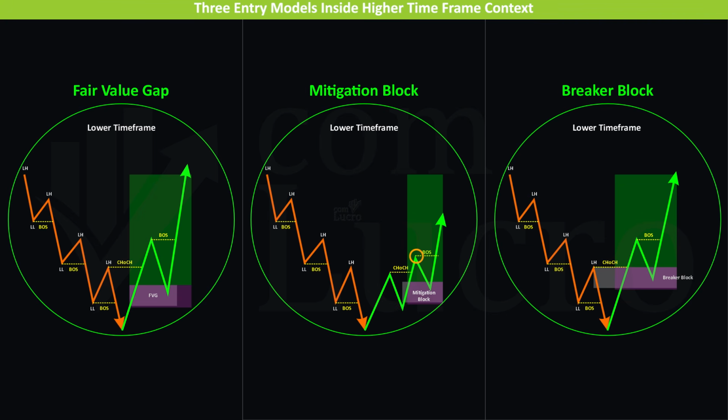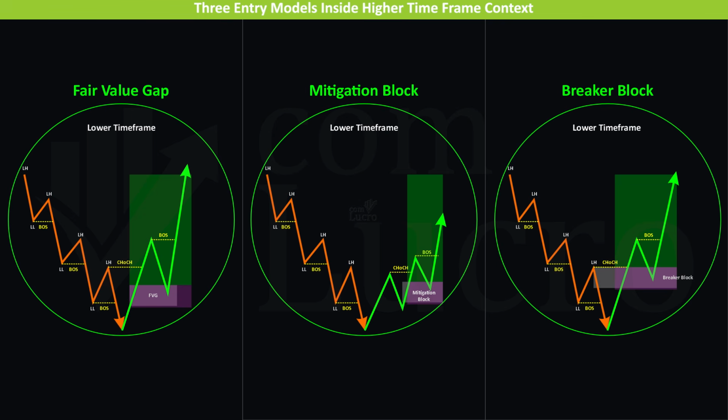From there, price should produce a bullish displacement that closes above the prior swing high, creating a market structure shift. In this situation, the bullish mitigation block is defined by the up-close candle, or a series of up-close candles that appear between the initial swing low and the first swing high.